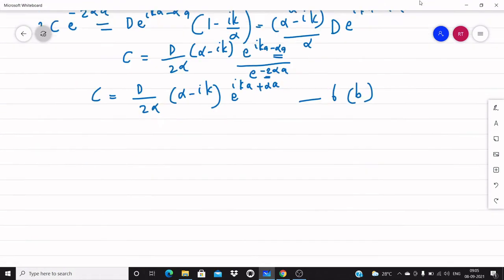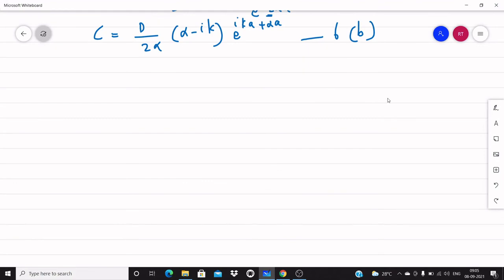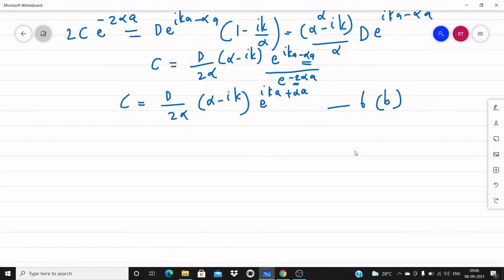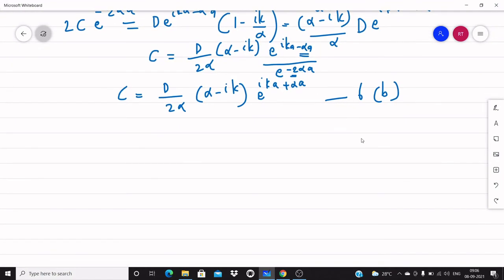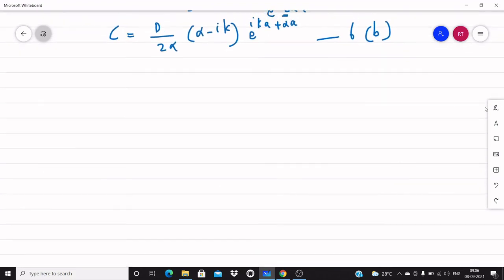Okay, so we are going to substitute our b and c here. I'll use a different color. So our equation is 1 plus a is equal to b plus c.